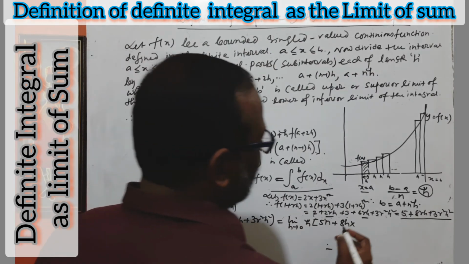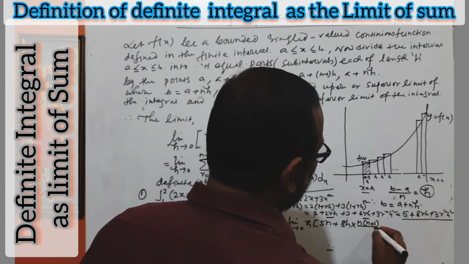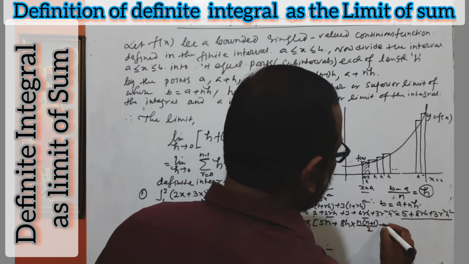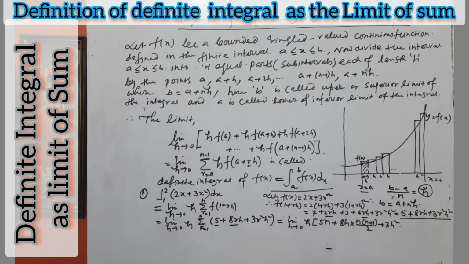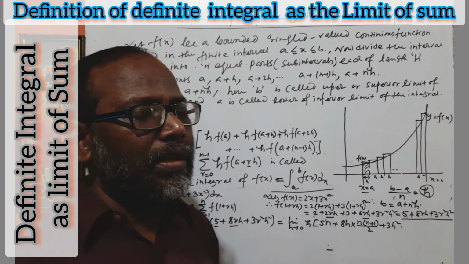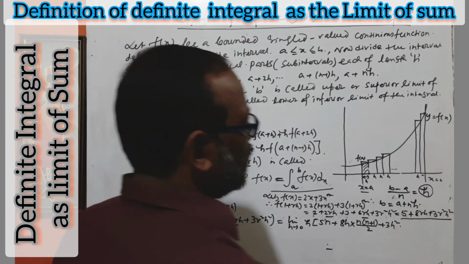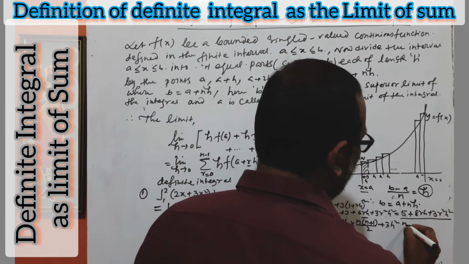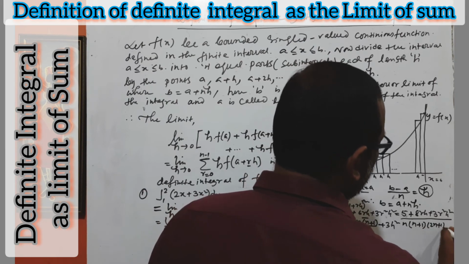So the value of that is n into n plus 1 by 2, and plus 3h squared. And now see, here is the sum of r squared, that is the sum of 1 squared plus 2 squared plus 3 squared up to n, and the value is n into n plus 1 into 2n plus 1 over 6.